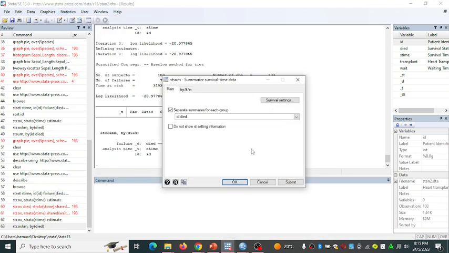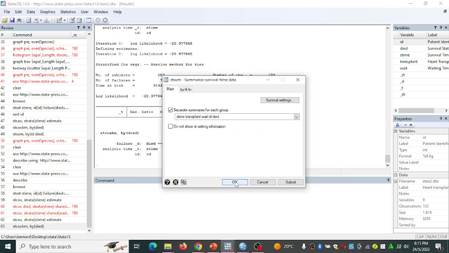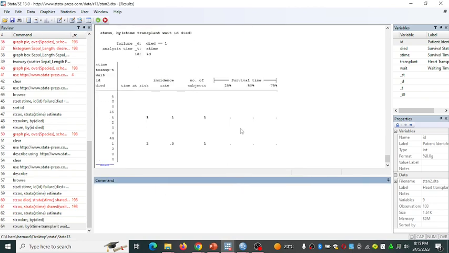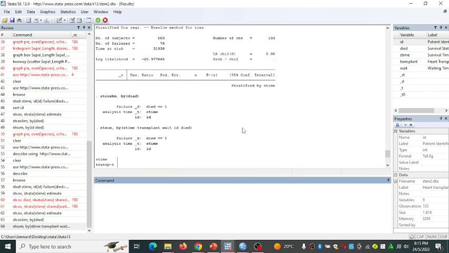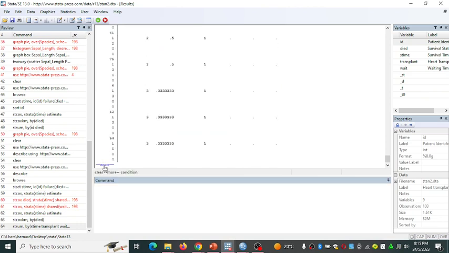When we click on that part here, ID dies, let's see, and click OK. What do we get? So these are the statistics for the survival data.